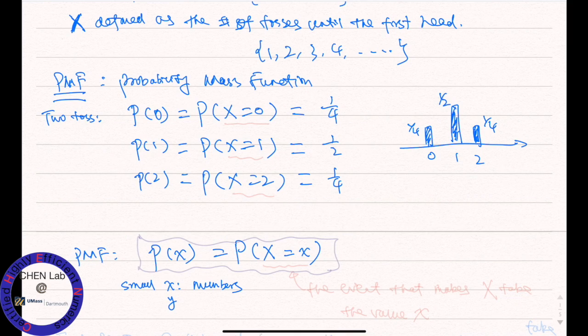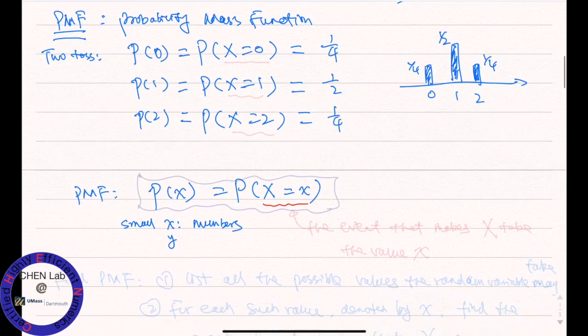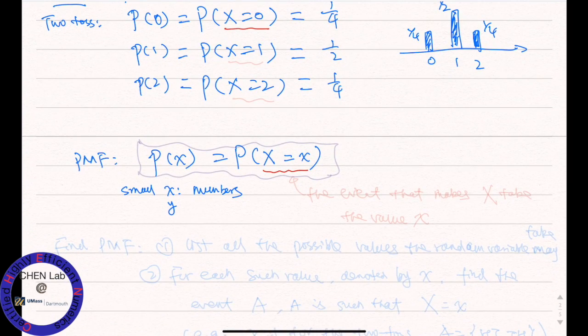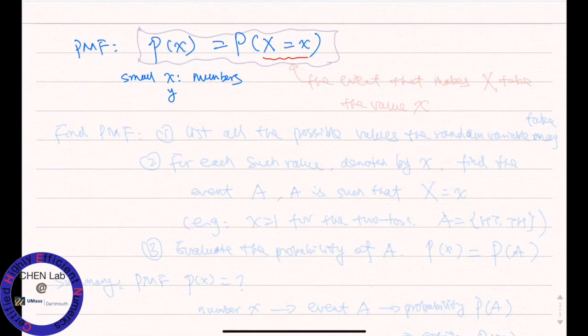That's a mathematical definition. What that means is that, notice that we have parentheses around X equal to x, which is like X equal to 0, X equal to 1, X equal to 2, right? Think of this example. The capital X is the random variable.